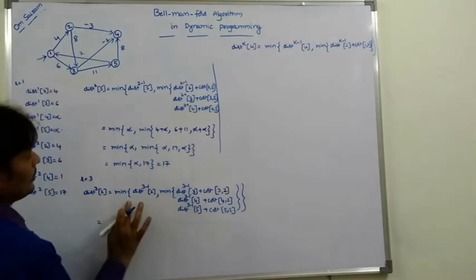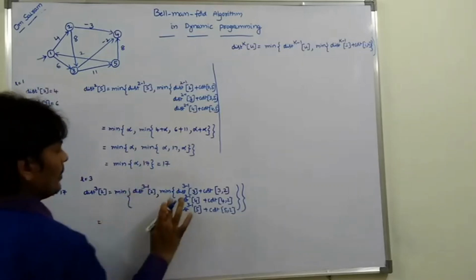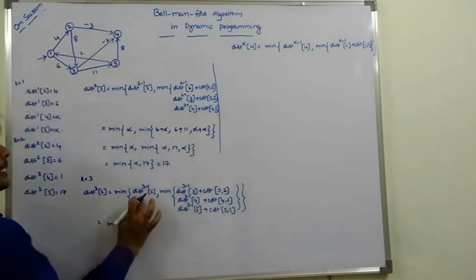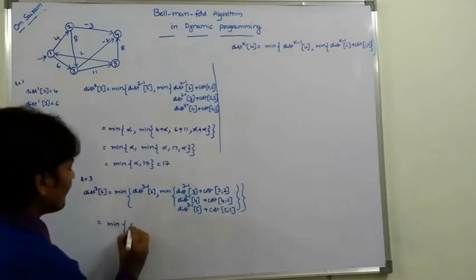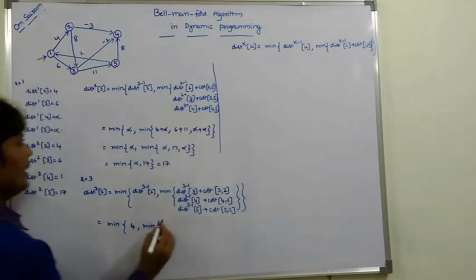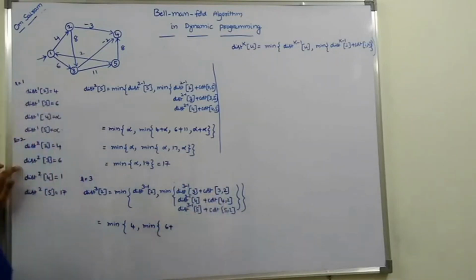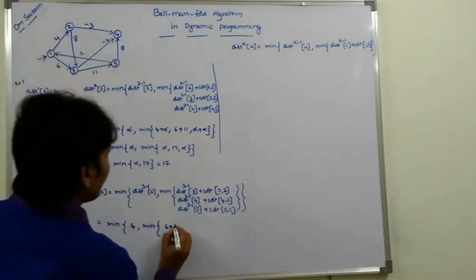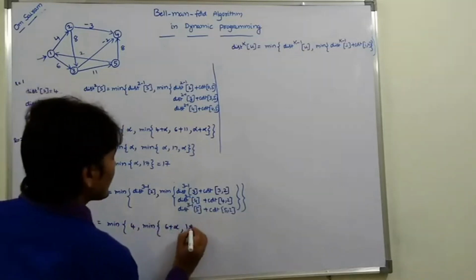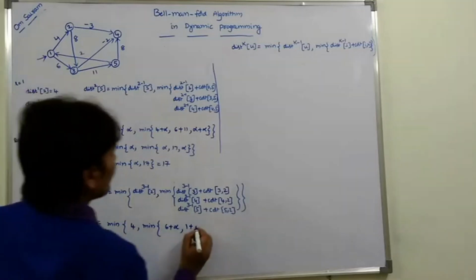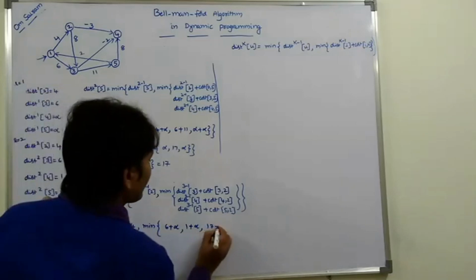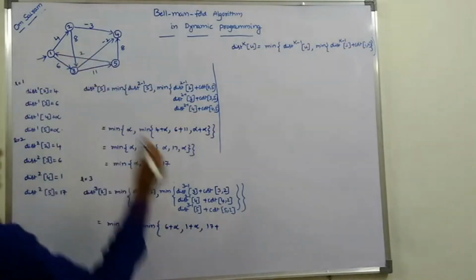So that is equal to the minimum of dist 2 of 2, which is 4, comma the minimum of dist 2 of 3, which is 6, plus cost of 3 comma 2, which is infinity; dist 2 of 4, which is 1, plus cost of 4 comma 2, which is infinity; dist 2 of 5, that is 17, plus cost of 5 comma 2, which is infinity.